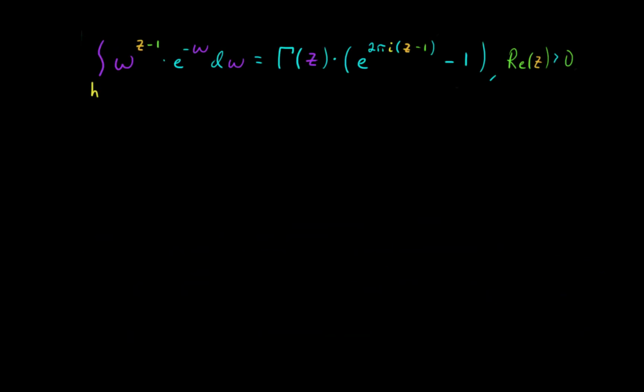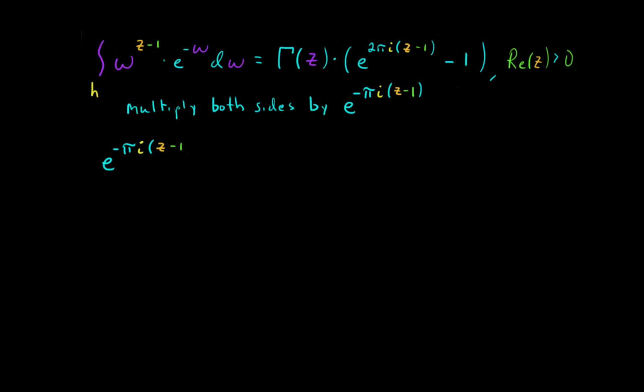But we're not even done. We can make this result even prettier. And to do that, I'm going to multiply both sides of this equation by e to the negative pi times i times z minus 1. And the motivation for doing that is to make the term on the right a little bit more symmetric.